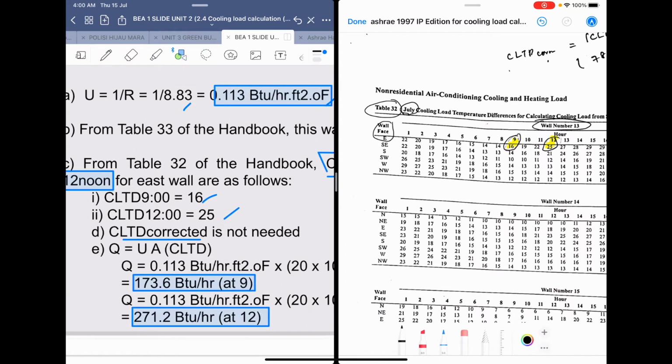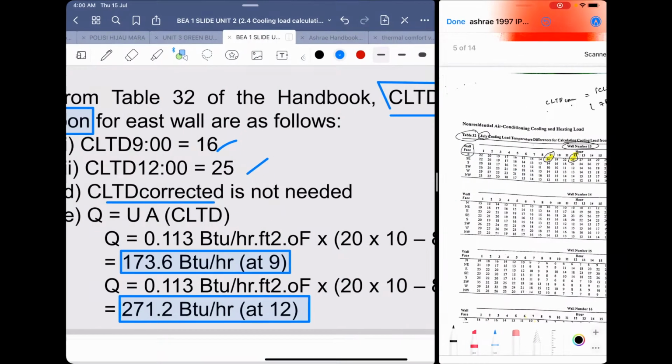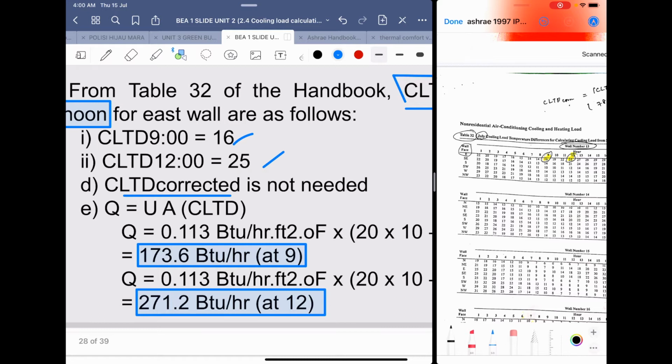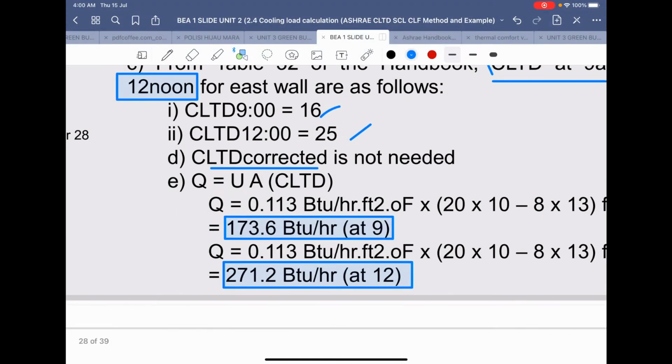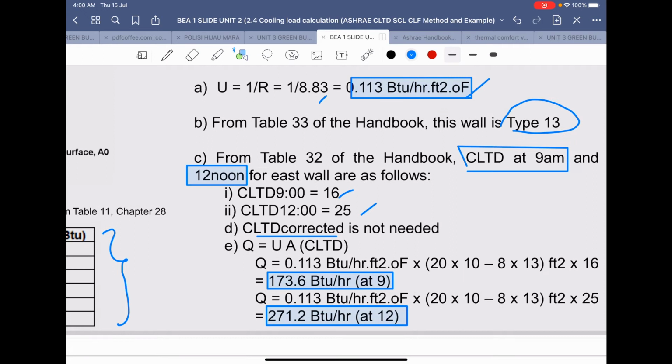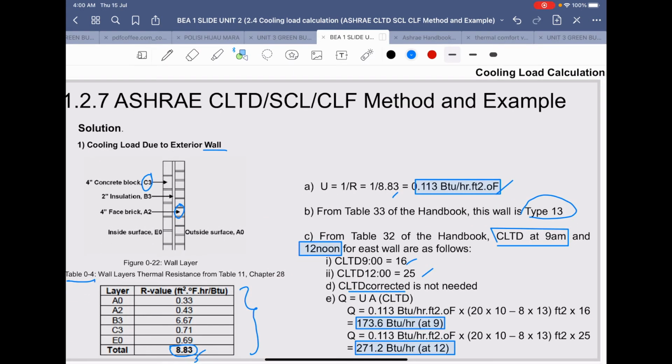So let's calculate the cooling load for the wall, the cooling load due to the exterior wall. So Q equals, we know the U value, the thermal transmittance of the wall, and the area of the wall, and we must multiply by the CLTD, two times.